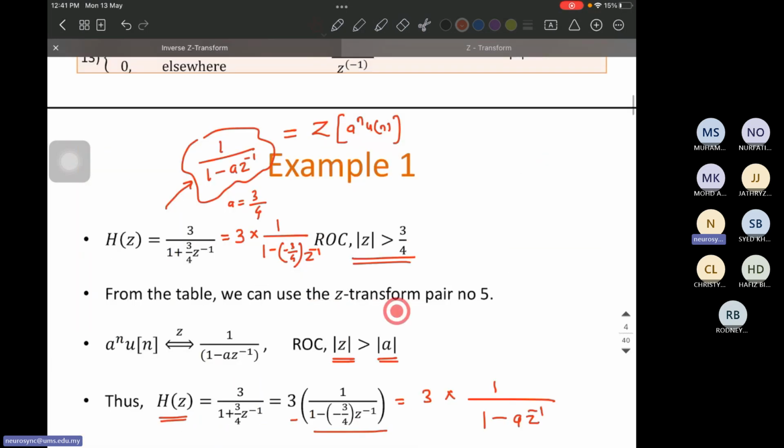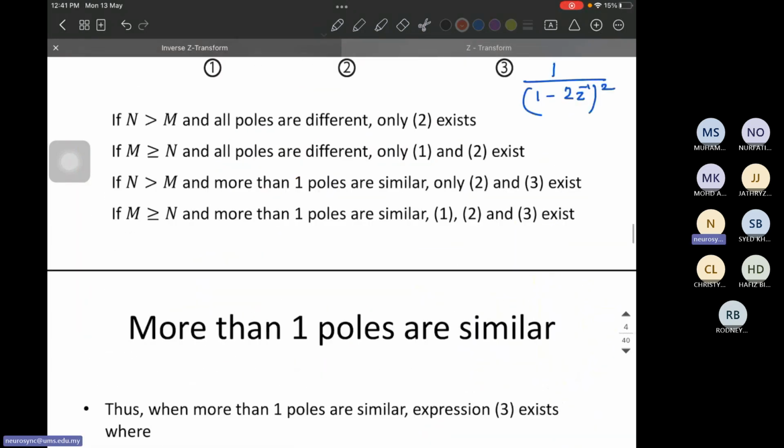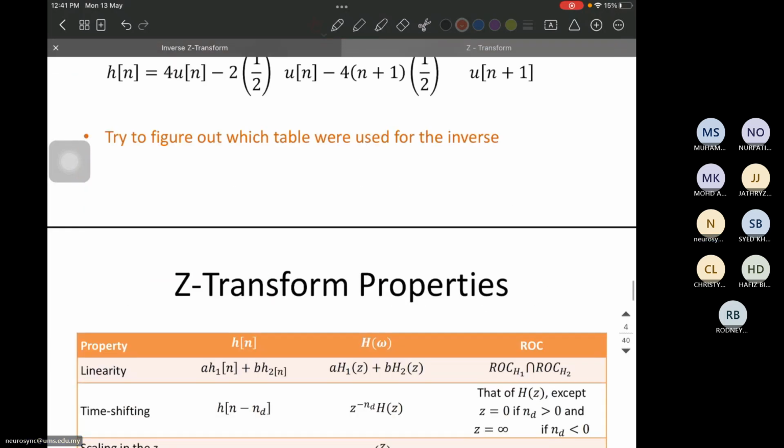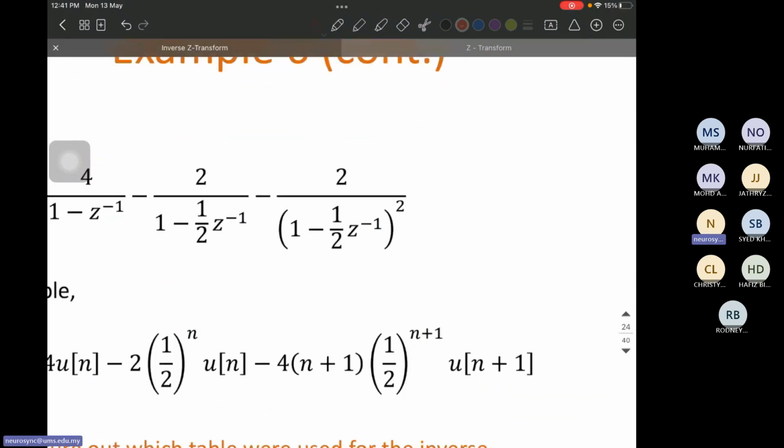So this formula we will apply here, because in the denominator we are having to the power 2.